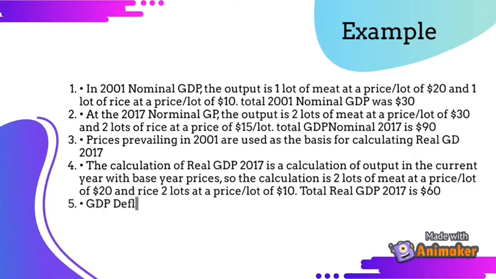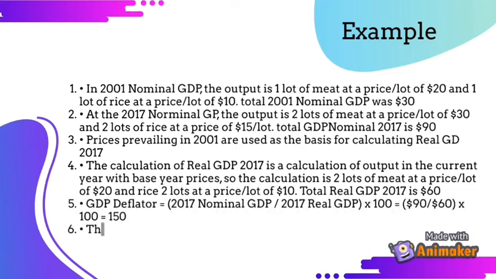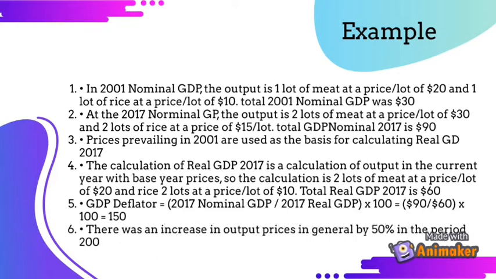Prices prevailing in 2001 are used as the basis for calculating real GDP 2017. The calculation of real GDP 2017 is a calculation of output in the current year with base year prices, so the calculation is 2 lots of meat at a price per lot of $20 and rice 2 lots at a price per lot of $10. Total real GDP 2017 is $60.